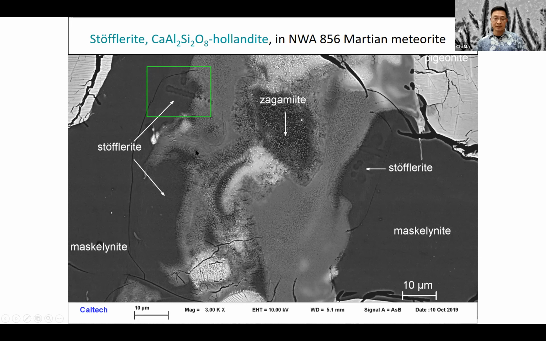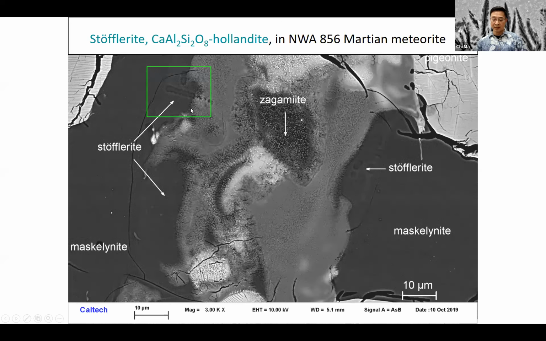That's a shocktite. It occurs here at the rim of the shock melt pocket. So within the shock melt pocket, we have zagamiite here, and stöfflerite occurs here, also here.